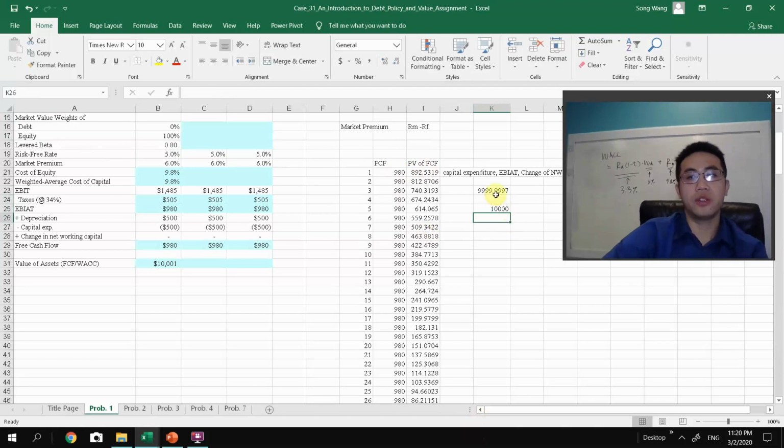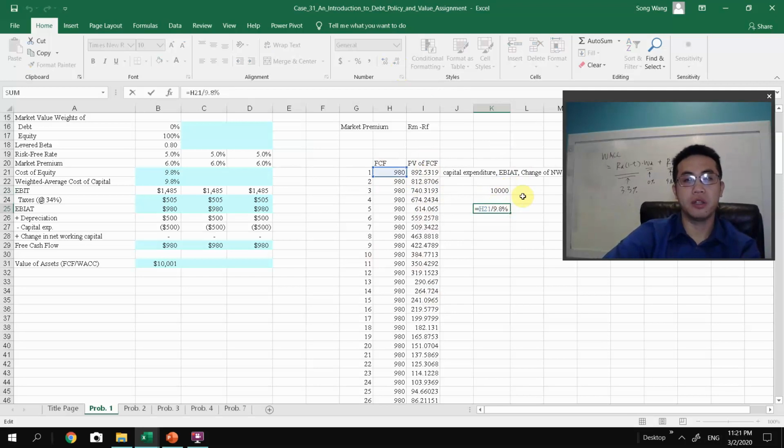So you have 2 ways to get this $10,000. One is to simulate infinite amount of years with infinite amount of free cash flows with infinite amount of present values of all the cash flows, and then add them up. And the second way, thanks to the mathematicians, we can just use the free cash flow in each year divided by the discount rate. All right, this is something we learned in the principles of finance class. In particular, it is called perpetuity problems.